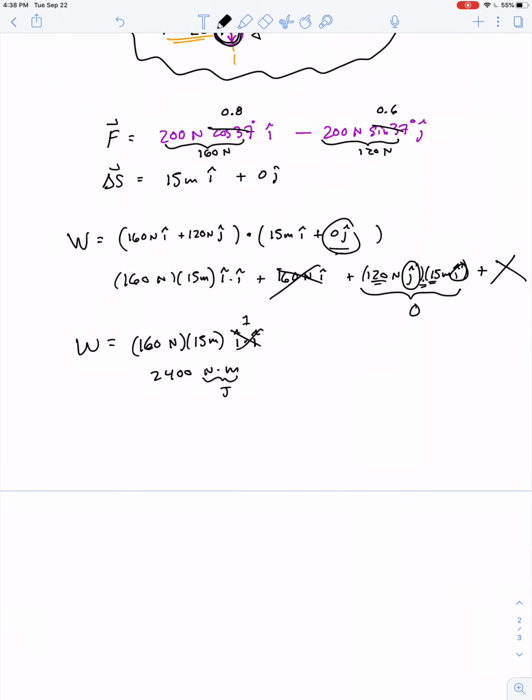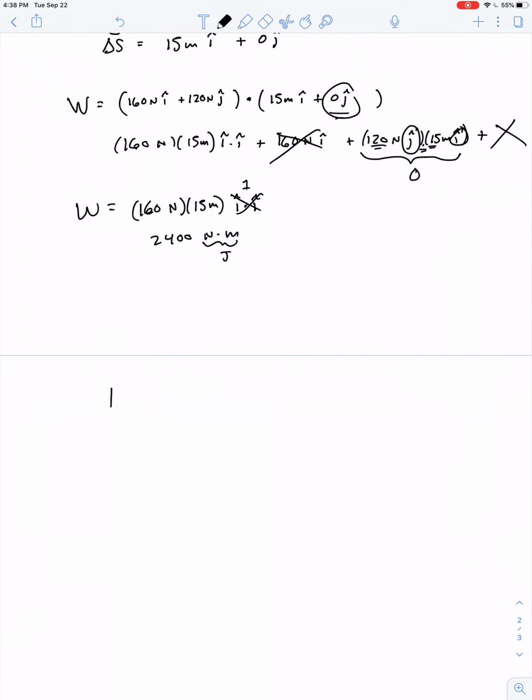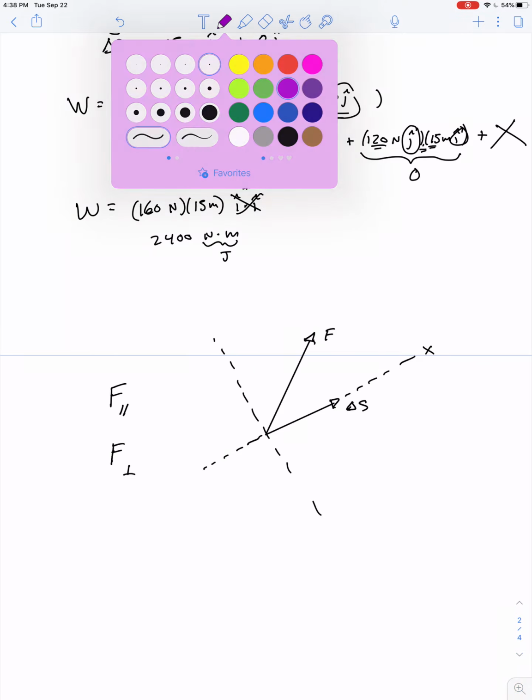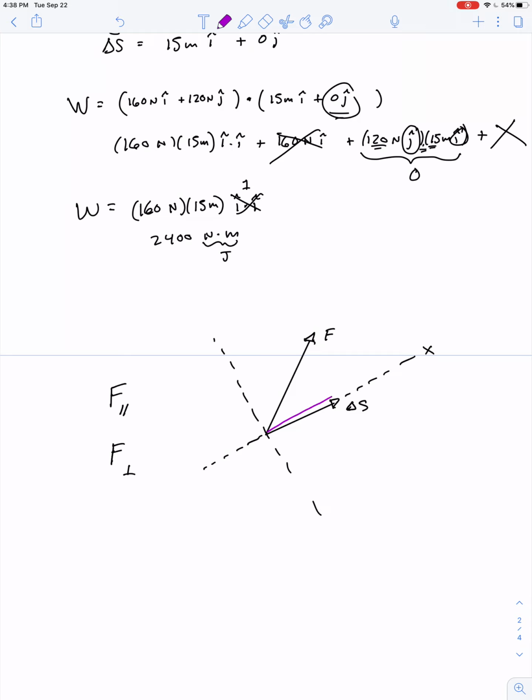In general, if the displacement points this way and the force points this way, if we make the displacement the x-axis, then the force has components that we can illustrate like this.